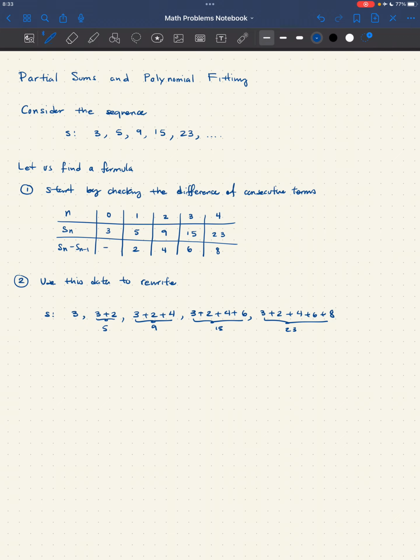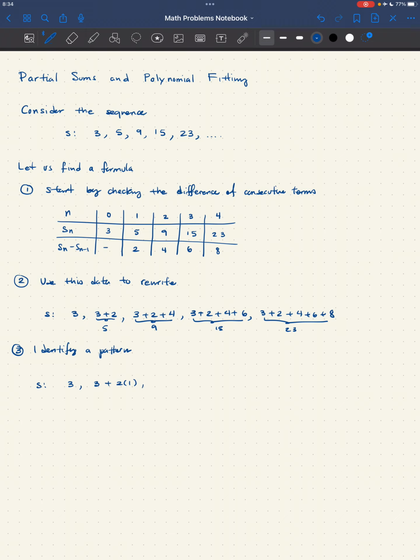And we identify now a pattern in this sequence. So I have S, of course, and then I have a 3. I have 3 plus 2 times 1, if you want to say it in that way.